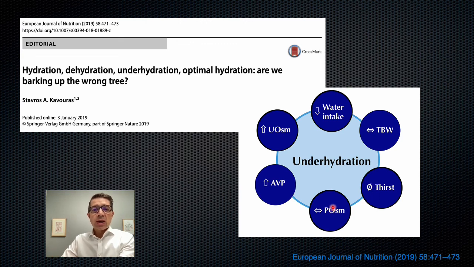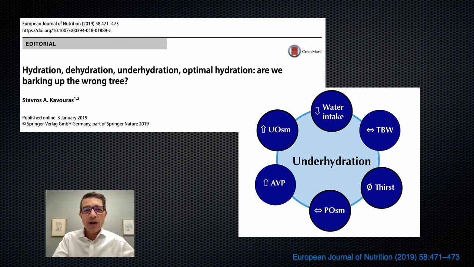You're not thirsty, your plasma osmolality is not different, but your vasopressin is elevated and your urine concentration is higher. This condition I like to call underhydration and not dehydration, because most of the time you don't have a water deficit. And I like to compare this condition to pre-diabetes versus diabetes, with underhydration being equivalent to pre-diabetes and dehydration being like diabetes.